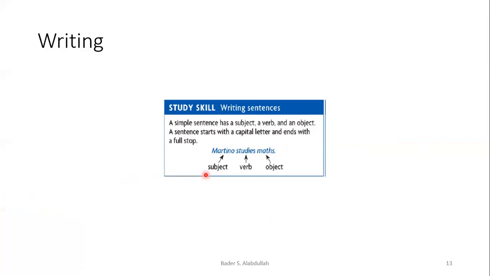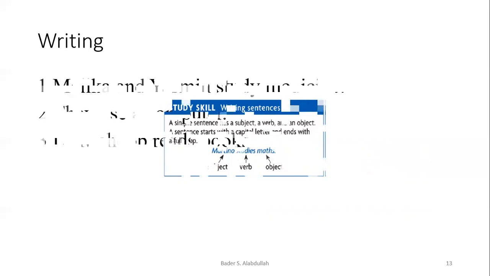As an example, Martino studies maths. Martino is the subject, studies is the verb, and maths is the object. As we can see, it starts with a capital letter and ends with a full stop, or a dot, whatever you want to call it. It's up to you. So that's a simple sentence.